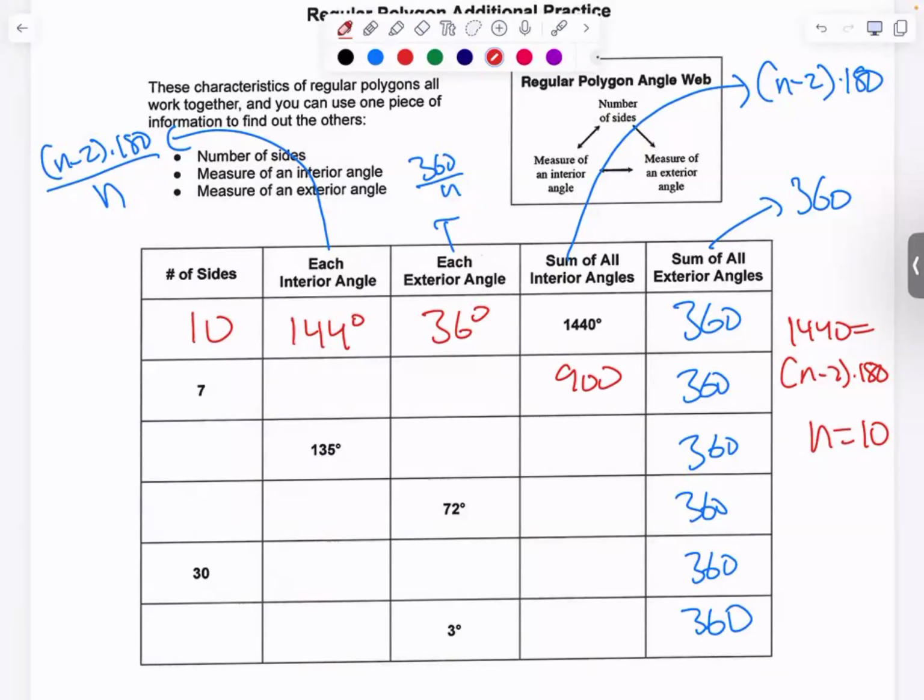And if there's a decimal, you can round to one decimal place. And remember, interior and exterior always add up to 180.